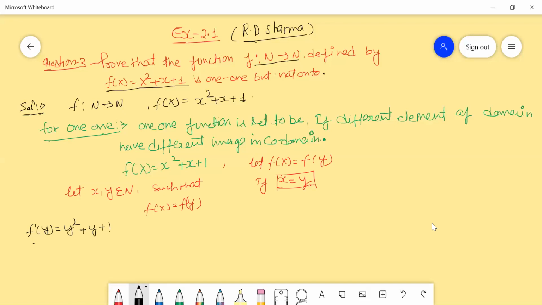So when we equate, x square plus x plus 1 is equal to y square plus y plus 1.